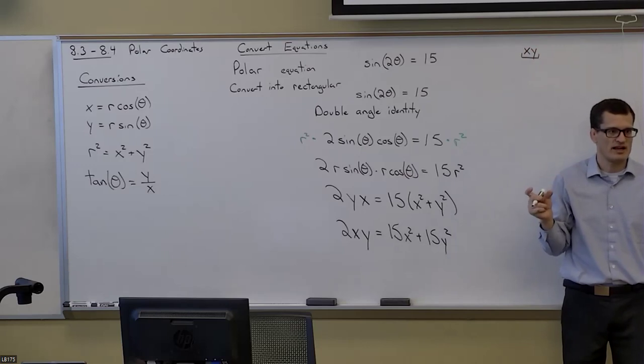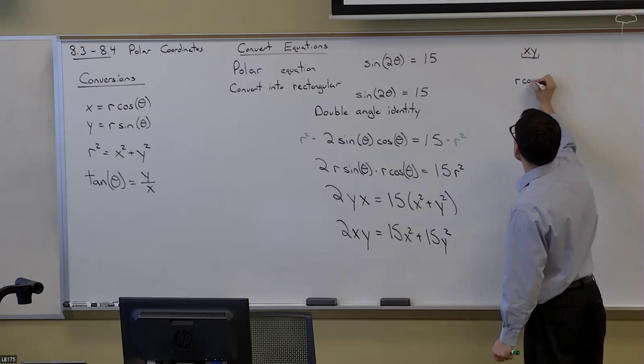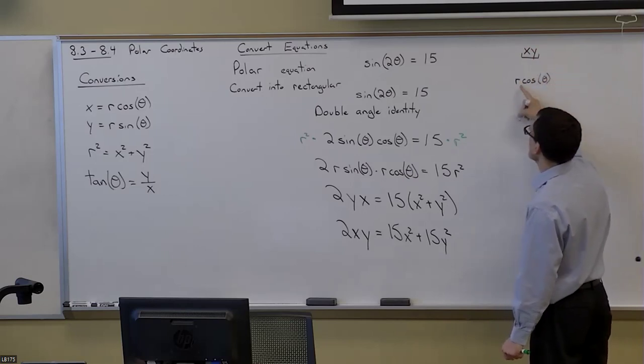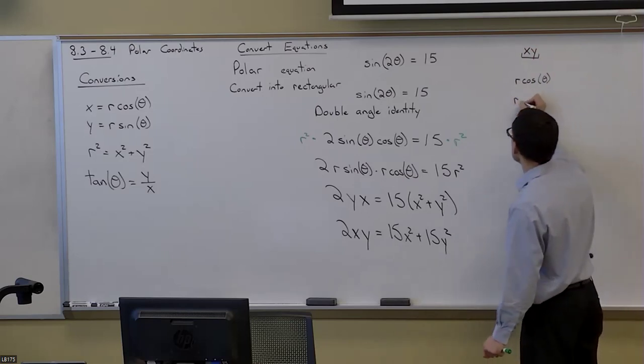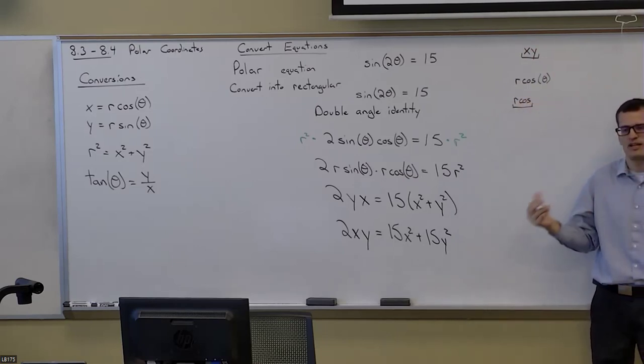The same thing is true if you put in r cosine theta, you have to put a multiplication in there. Otherwise, it thinks you're trying to introduce a new variable called r cosine. That's just the way the programming works.